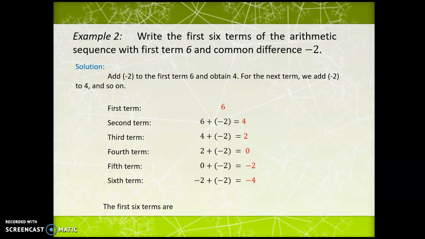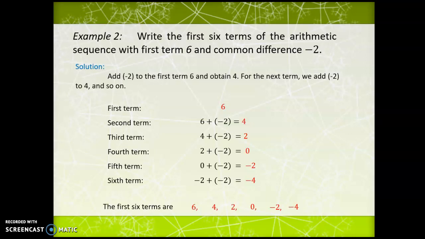First 6 terms are 6, and plus negative 2 you'll have 4, 2, 0, negative 2, negative 4. 6, 4, 2, 0, negative 2, negative 4. So keep on adding the common difference with the preceding terms.